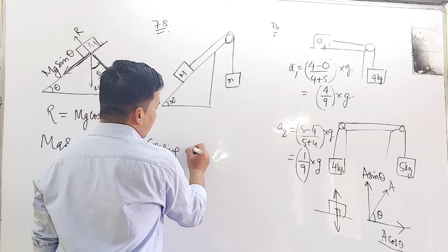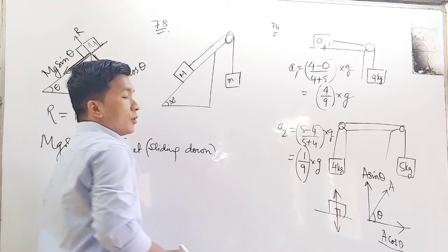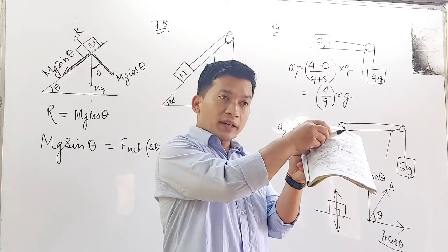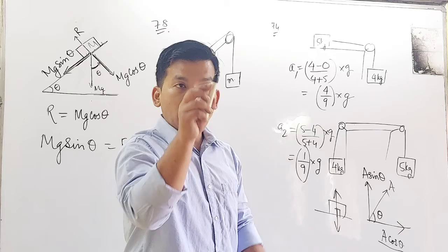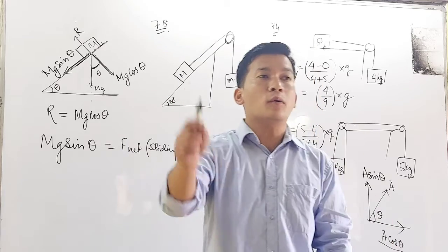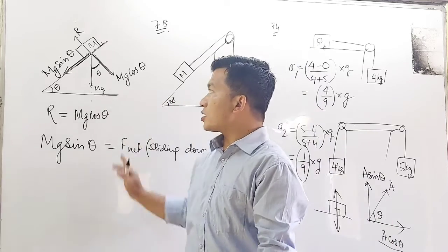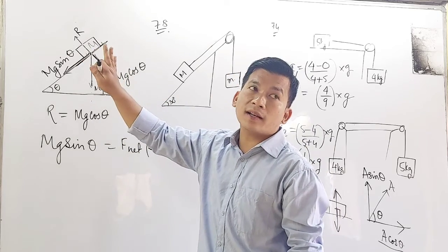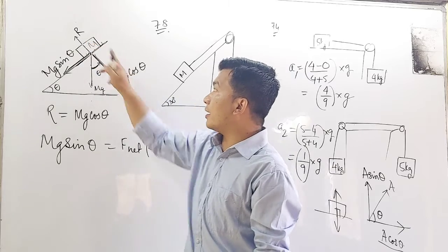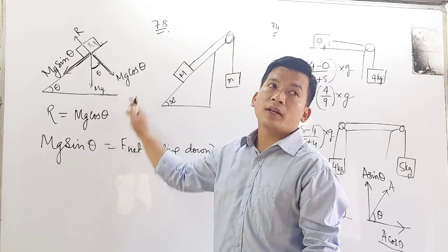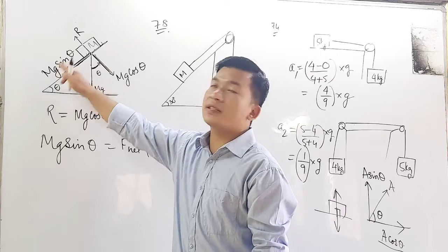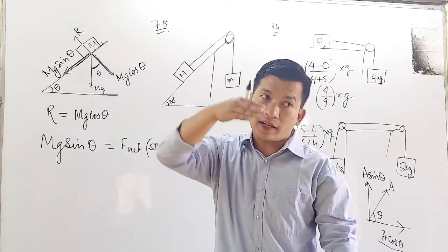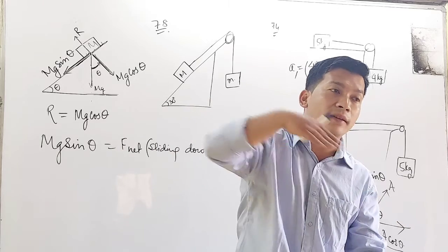When we put any object on an inclined surface, the object tends to slide down. Why? Because it is being acted upon by only one unbalanced force. R is balanced by mg cos theta, a balanced pair, while mg sin theta is the unbalanced force acting down the inclined plane.